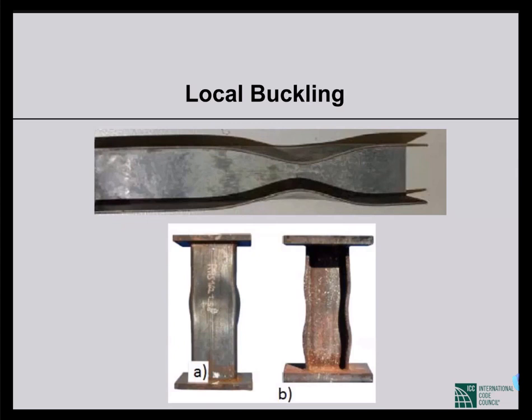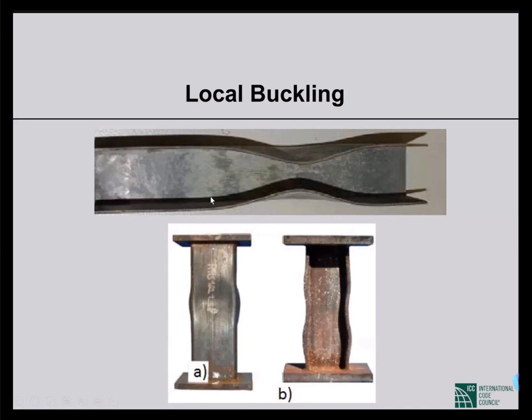Suppose we have very thick flanges, but the web is very thin. In that case, we may experience that the whole column doesn't buckle, but the web buckles, like web buckling. We don't have a figure here, but these are flange buckling. Or the flange at one place or some places may buckle. There are some pictures here.